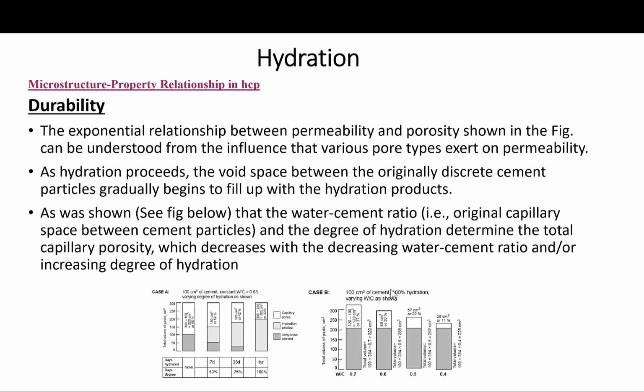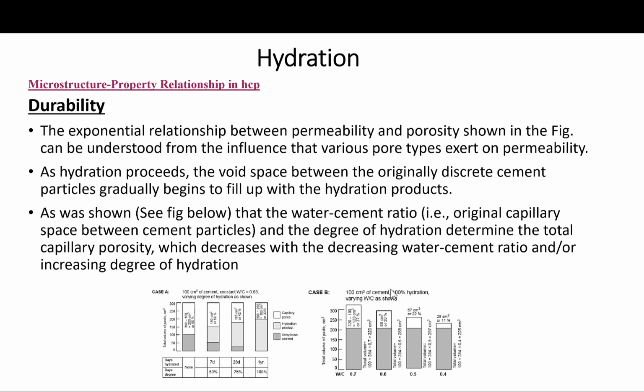The exponential relationship between the permeability and porosity, as shown in the figure below, can be understood from the influence the various pore types exert on permeability. As hydration proceeds, the void space between the originally discrete cement particles gradually begins to fill up with the hydration products.